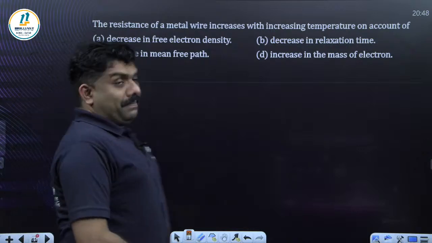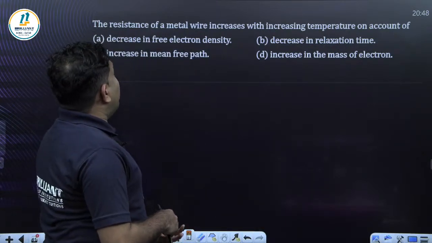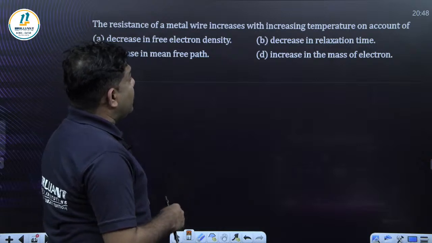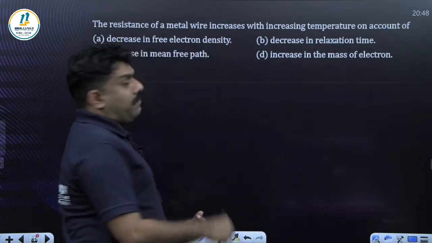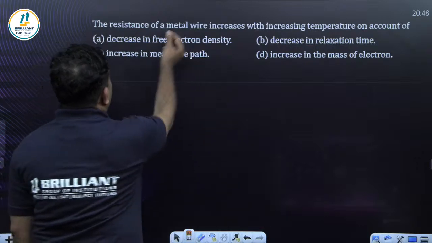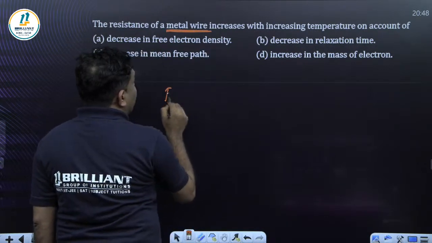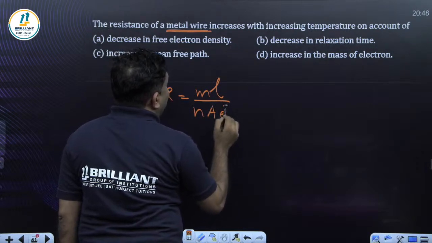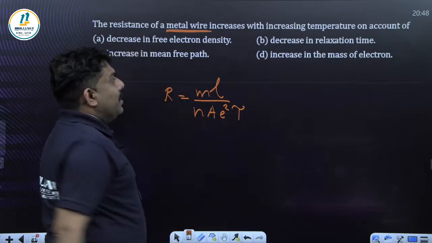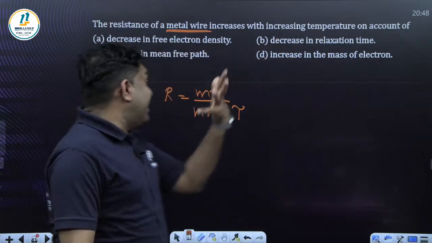Now the next question, please see. The resistance of a metal wire increases with increasing temperature on account of what? This word is important: it's a metal wire. What is the formula for resistance? m l divided by n A e square tau. So on account of what is this resistance increasing?